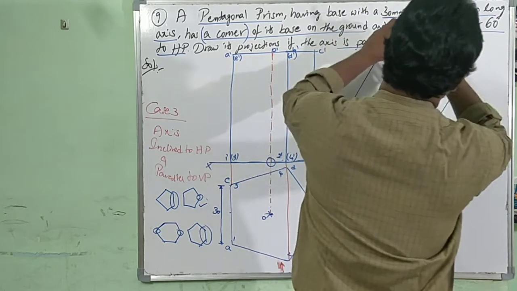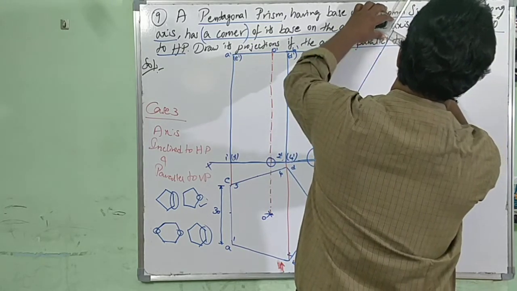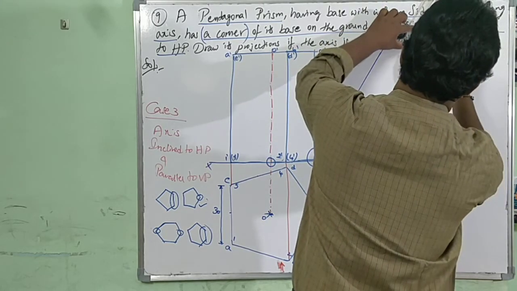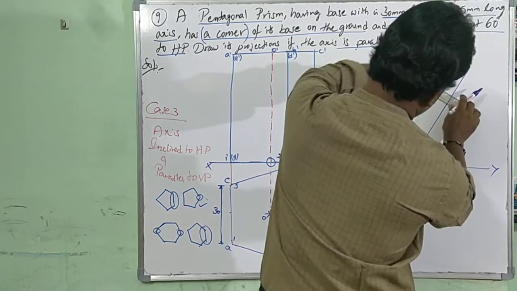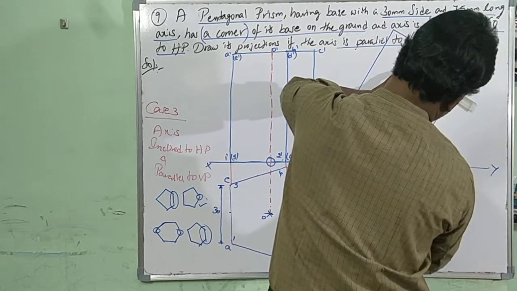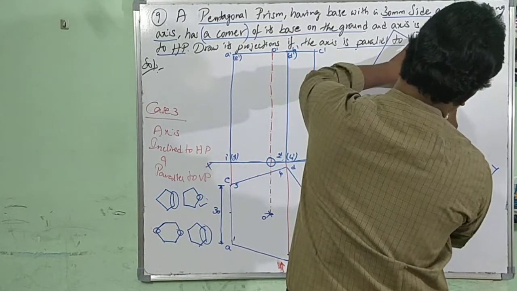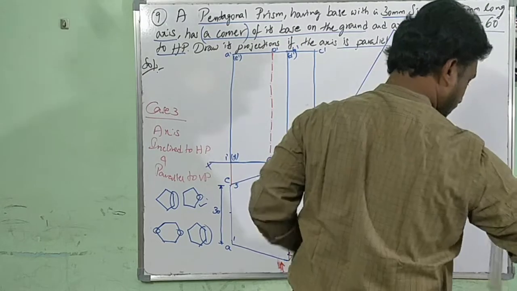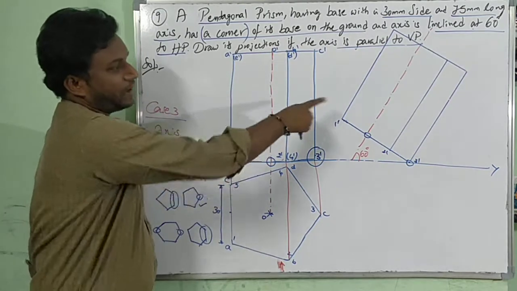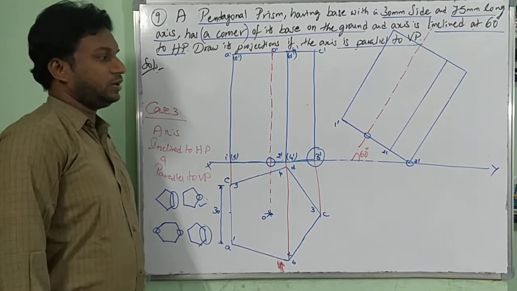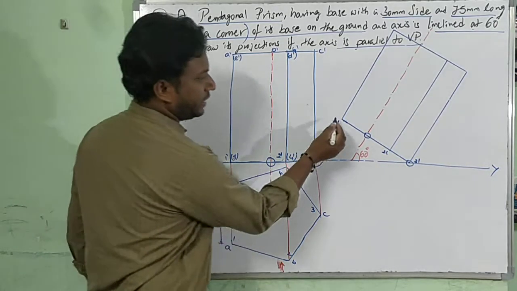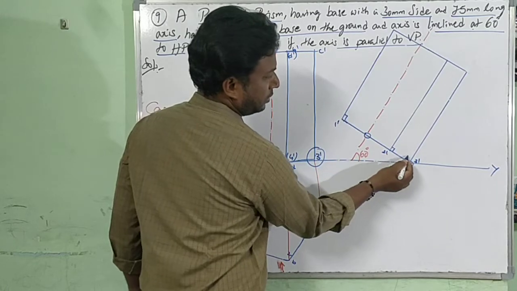Axis height, whatever this 70 mm. Same shape has to be reconstructed. Right? You have to take the help of protractor, drafter, scale, maintain 90 degrees here, here, here.